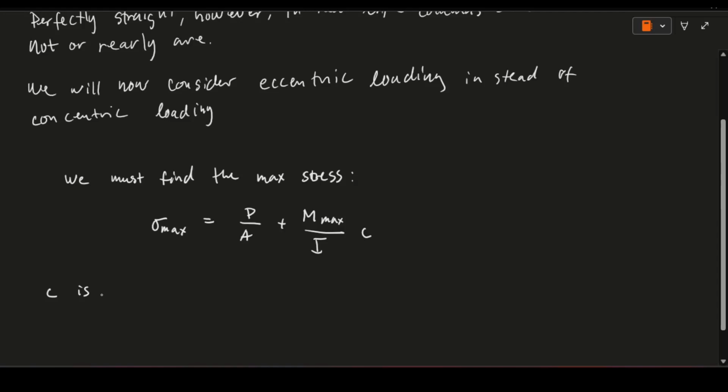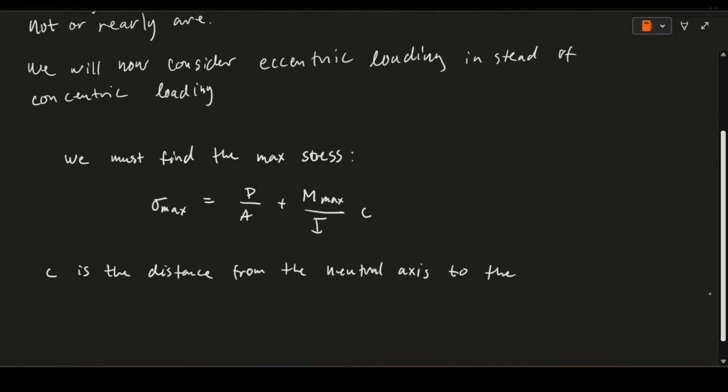C is the distance from the neutral axis to the extreme fiber.